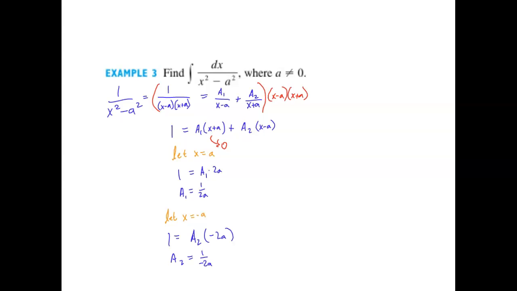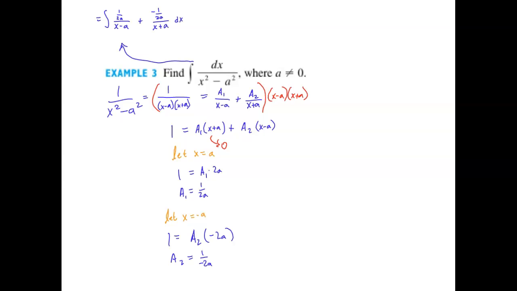So now our integral becomes the equivalent integral, which will be a1 over x minus a, where a1 is 1 over 2a. So I'll have 1 over 2a over x minus a plus negative 1 over 2a over x plus a, dx.